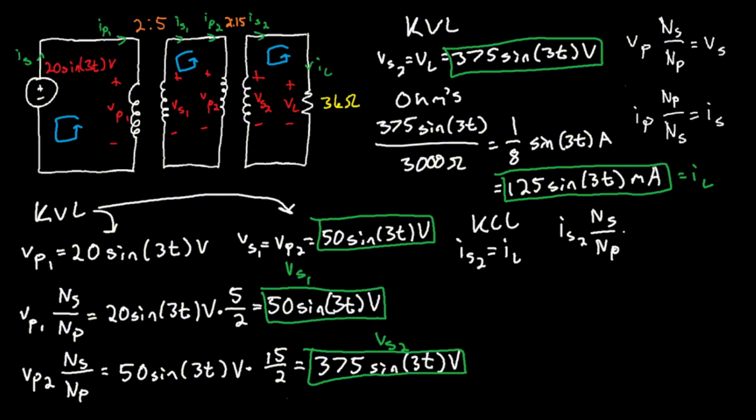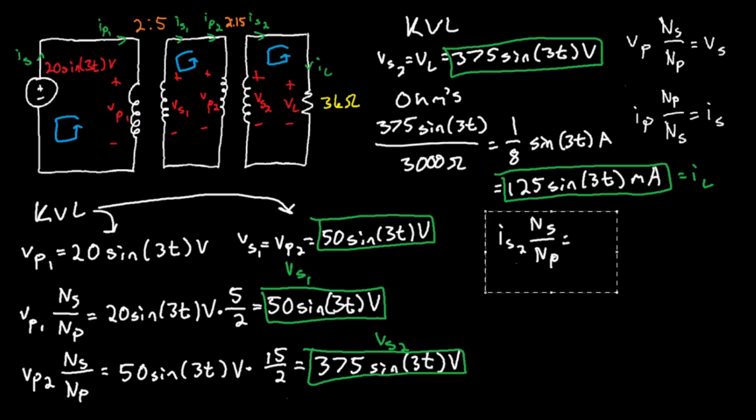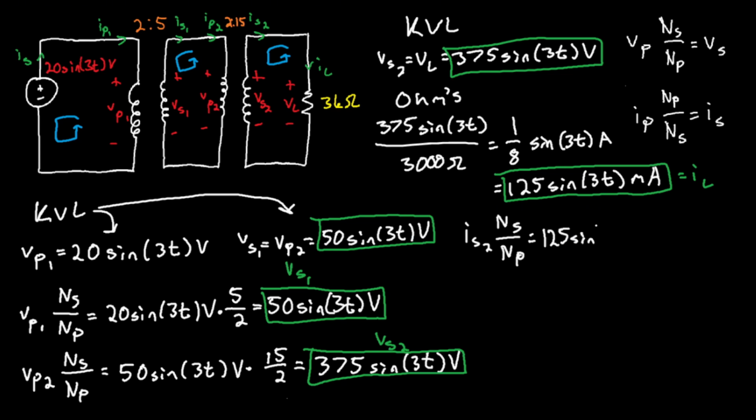I'm running out of space. Let's erase this KCL, since that's self-explanatory, and make more space. So this is 125 sine of 3t milliamps times N of S over N of P. N of S is 15. N of P is 2.